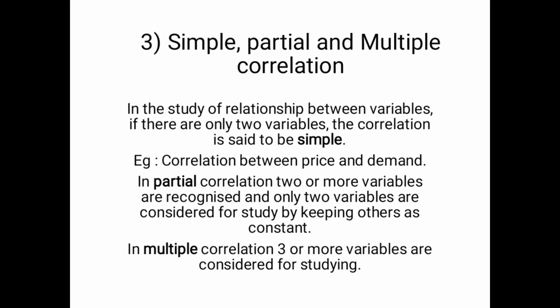So in multiple correlation, three or more variables are considered for the study. So these are the types of correlation. They are positive correlation, negative correlation, simple correlation, partial correlation, multiple correlation, linear correlation and non-linear correlation.